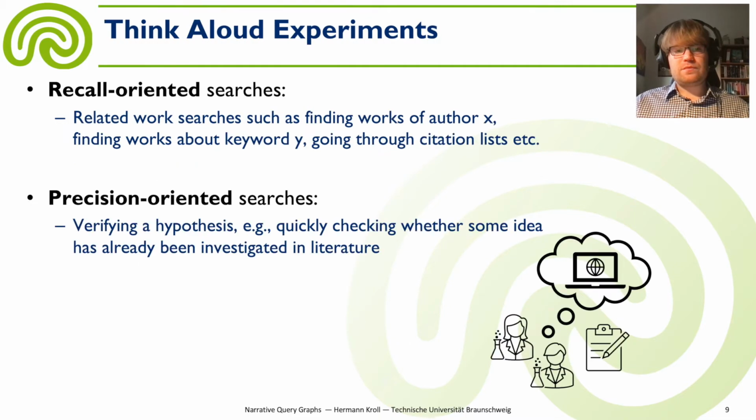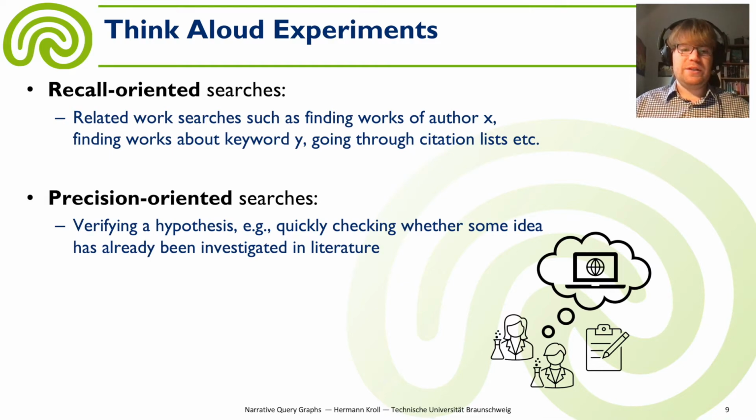So first, in the think aloud experiments, we talked to them about the typical literature searches. So what they do, what information do they search, how do they search, which search engines do they use, all this kind of stuff.